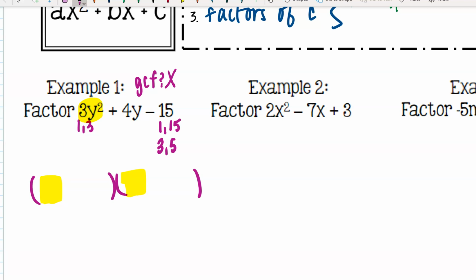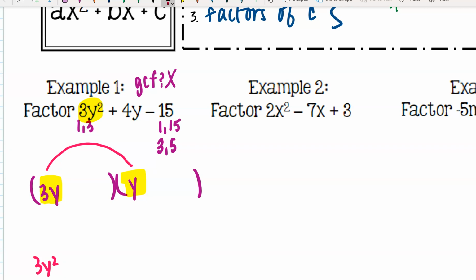Using the factors that I created, 1 and 3, I know 1 times 3 will give me 3, and y times y gives me y squared. So I can put a 3y here and a y here, and when I do my FOIL, or my face, or double distribution, whatever you call it, I should end up with my 3y squared. So that is given to me, so I'll put that down there.